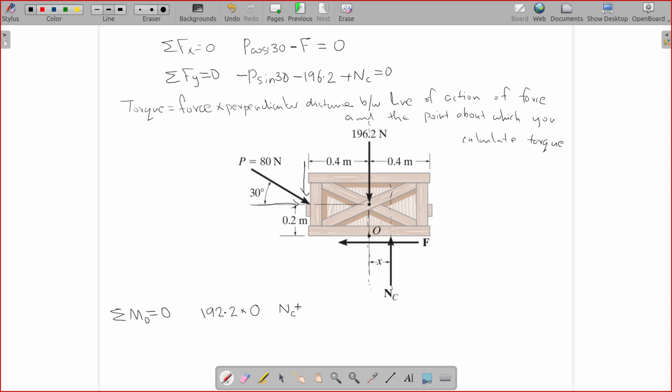That is X. Now this is O, and this is the external force NC. And what is the direction of torque due to NC about O? This is anti-clockwise, right? So when the torque is anti-clockwise, we will take it as positive.